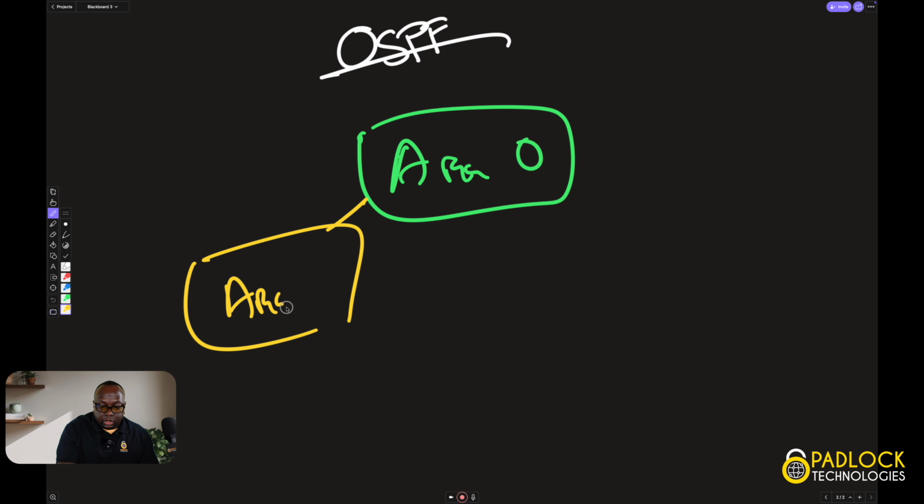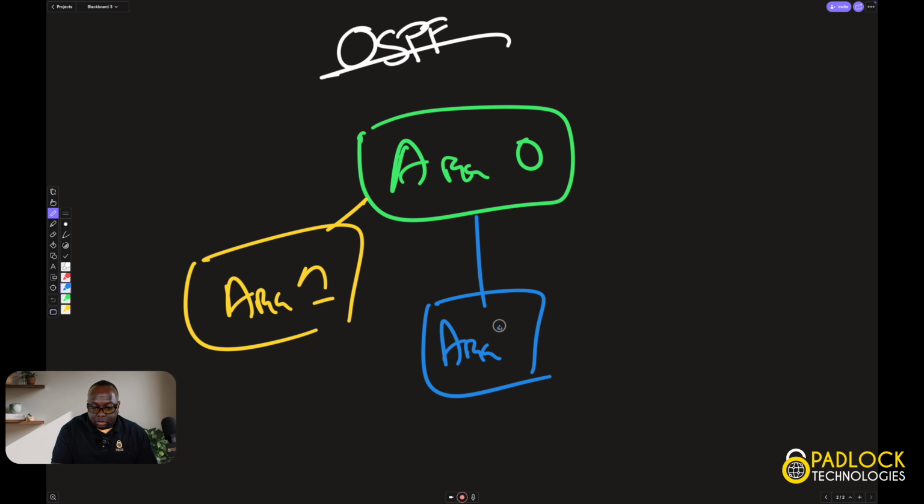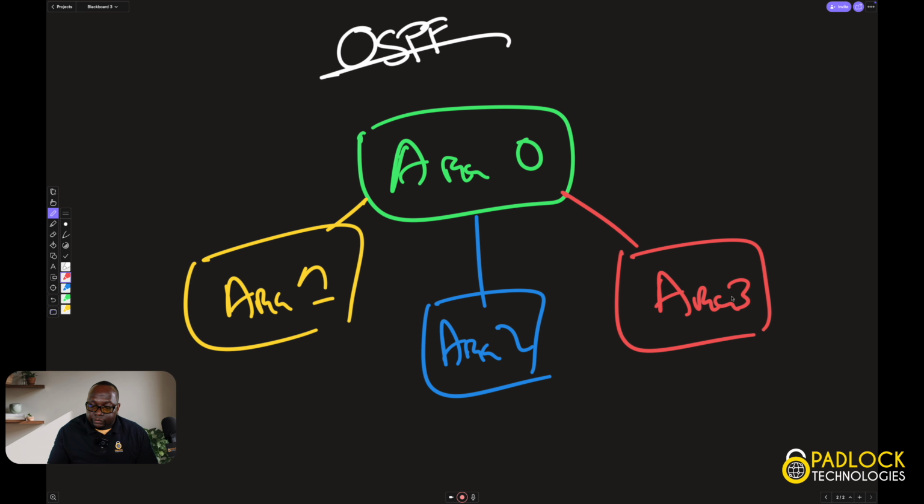So if you got area 1, area 2, area 3, right? Now you have different types of areas, but they're really like subsections of areas, and we'll talk about that.